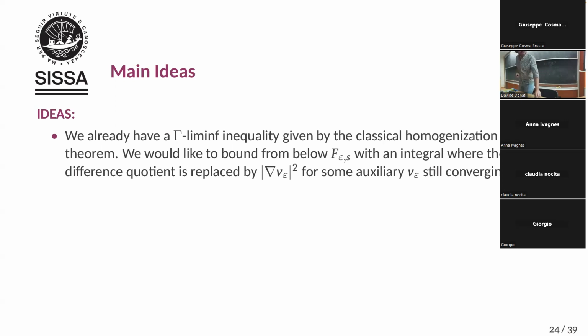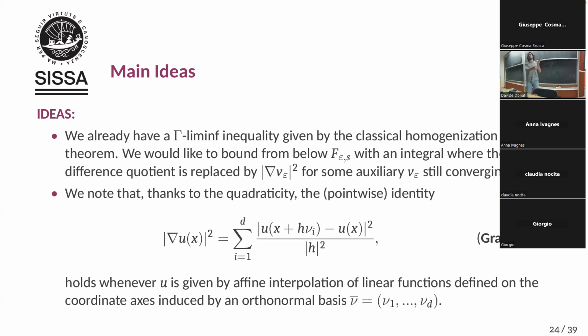And the second hint is that we have one way to transform gradients into difference quotients when our function u is not any function, but is, for instance, given by affine interpolation of linear functionals which are defined on the coordinate axes. If you have affine functions, then this norm of the gradient is going to be equal to this difference quotient.